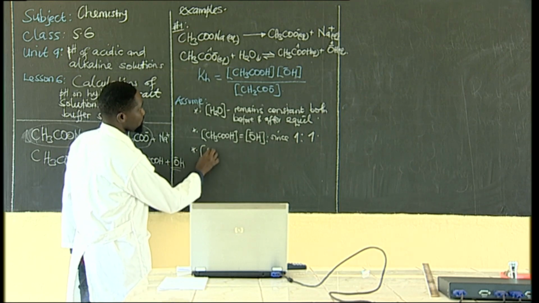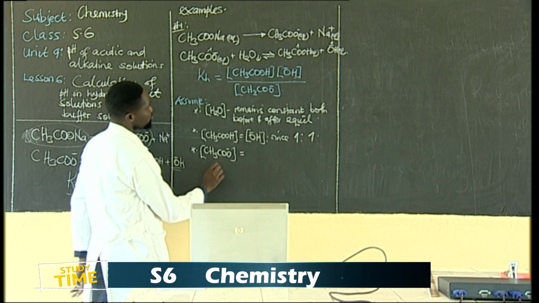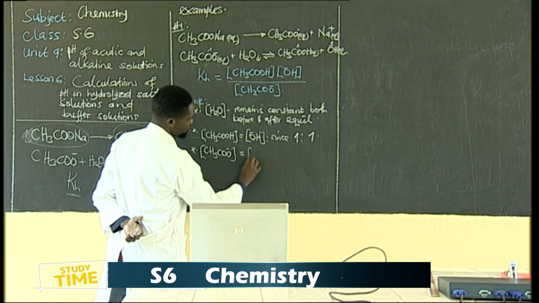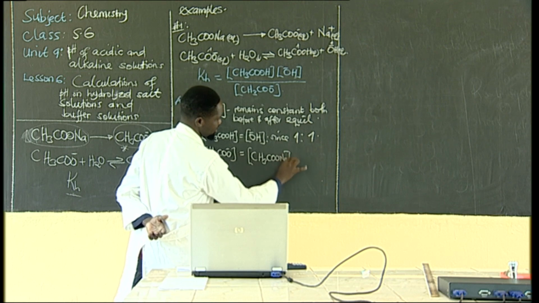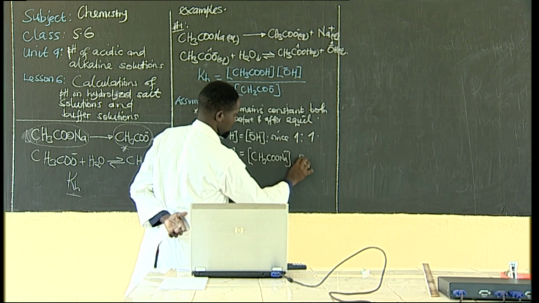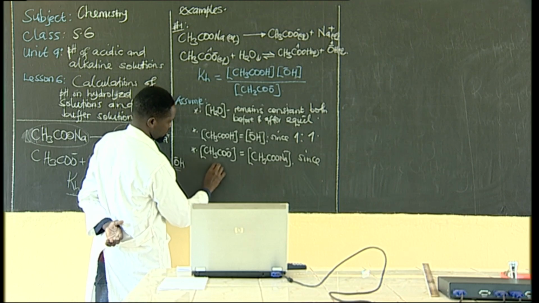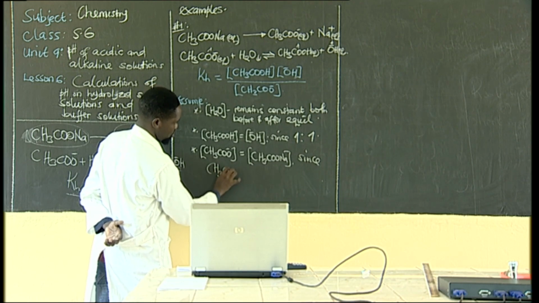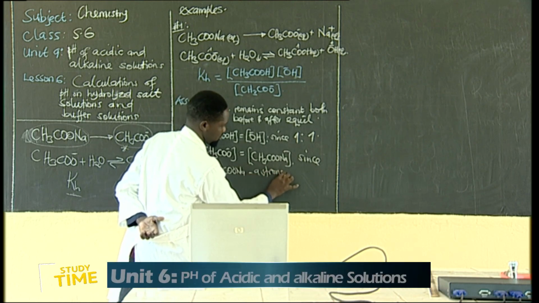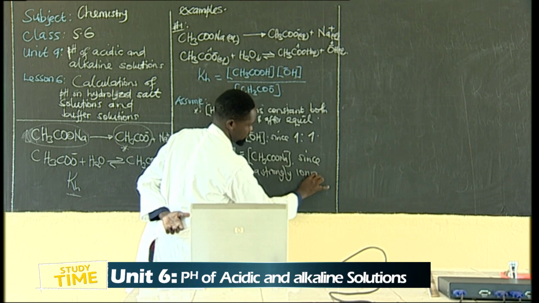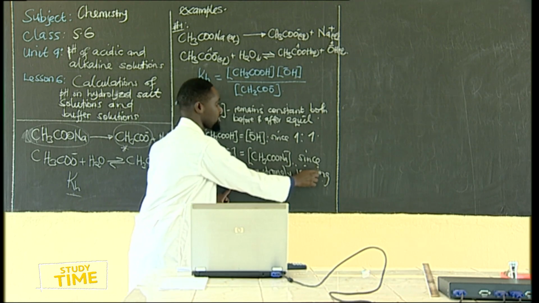So the concentration of the ethanoate ions is assumed to be equal to the concentration of the salt that has been added in, since this salt, CH3COONa, is strongly ionizing.